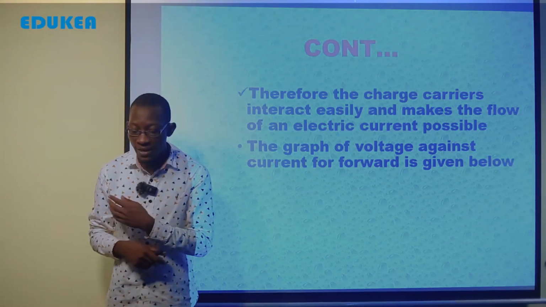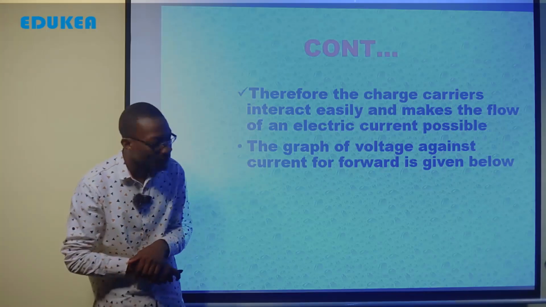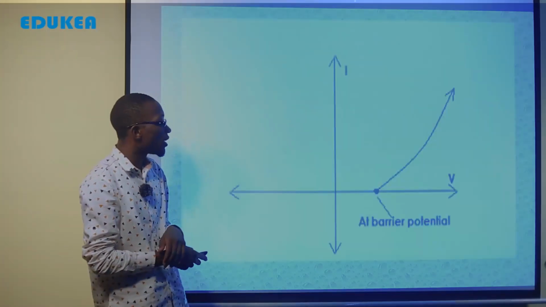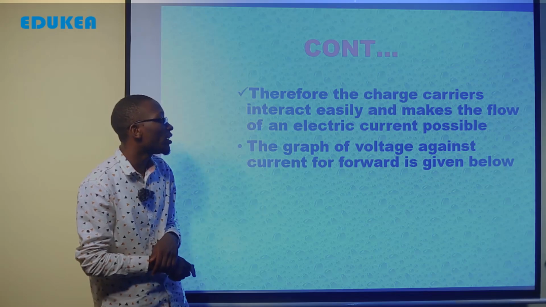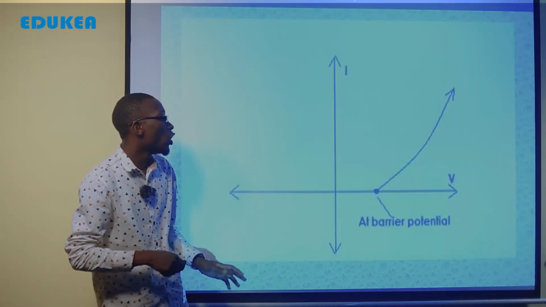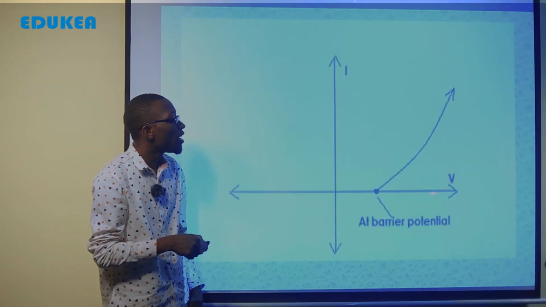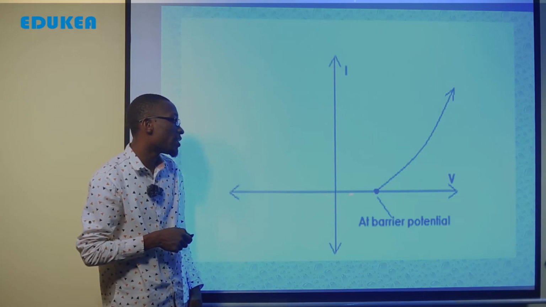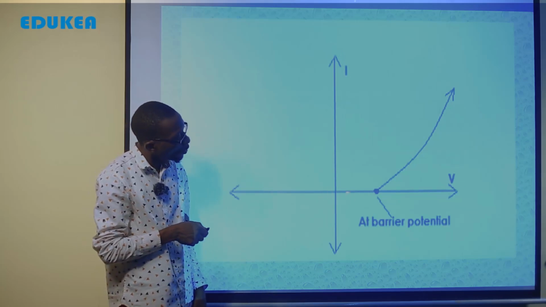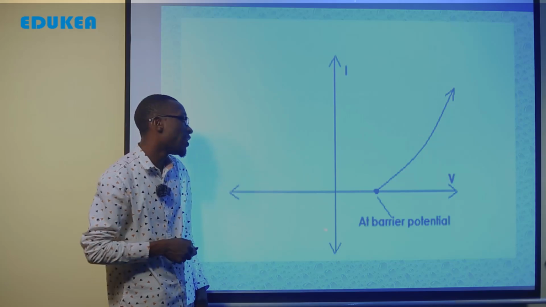So here is the graph of voltage against current for forward bias. Kwenye graph ya voltage versus current kwenye forward bias utaona inaanzia hapa, yaani natoka hapa inakuja hapa inapanda. Potential barrier. Hapa ni kwenye potential barrier.